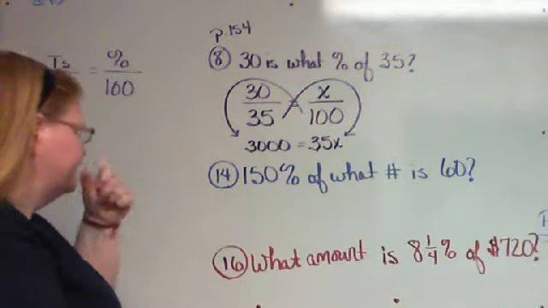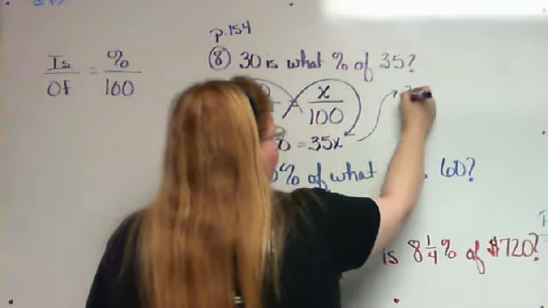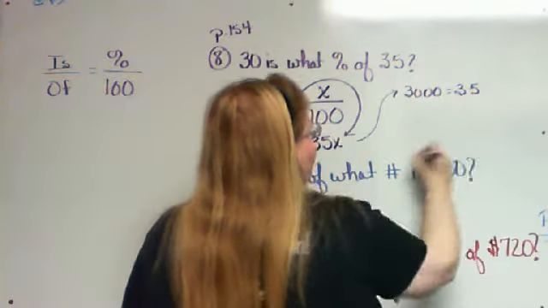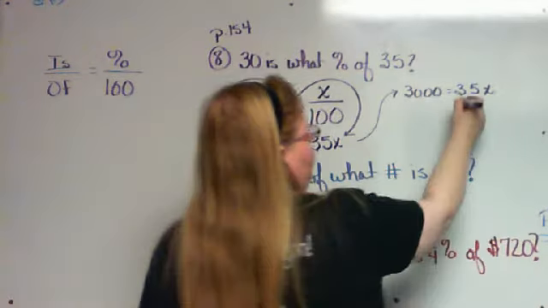Okay? So now when I want to finish this out, I have my 3,000 is equal to 35x, and what do I have to do to both sides to get x by itself? Divide by 35.